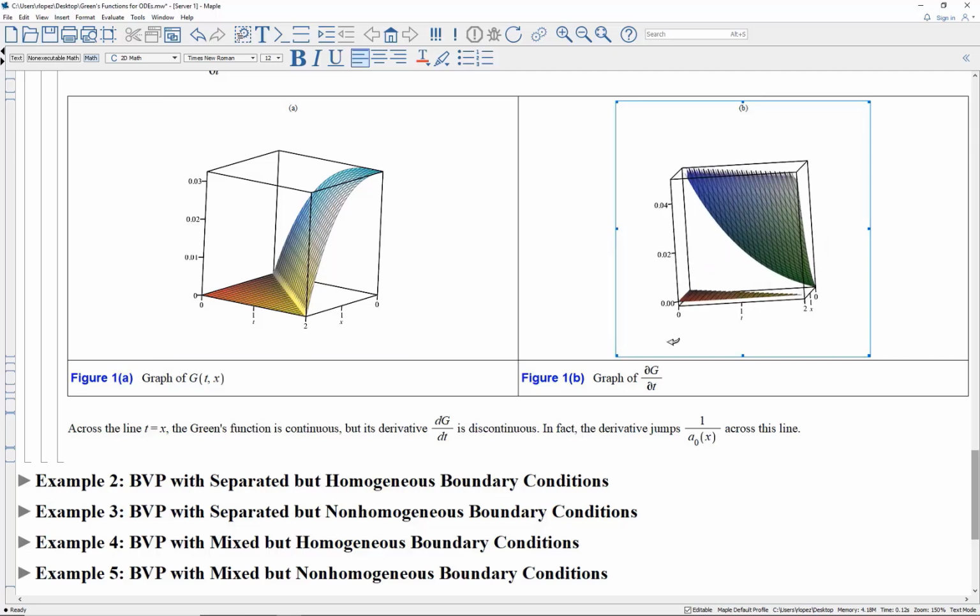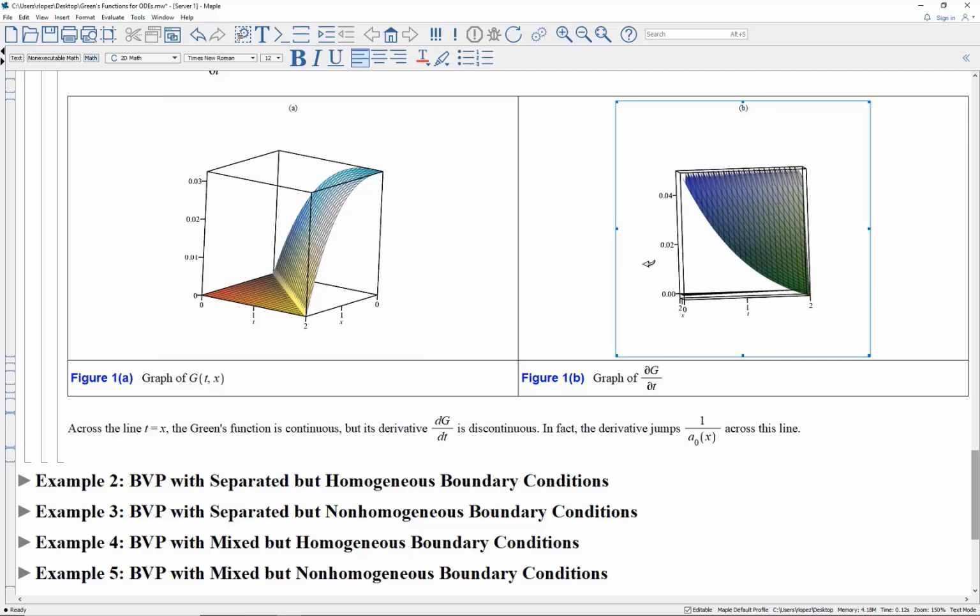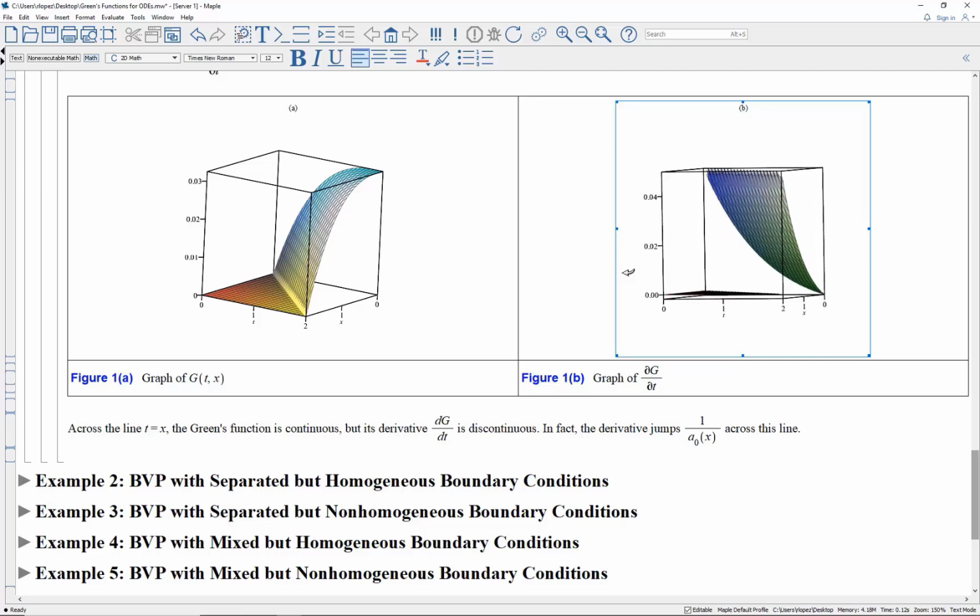You see it jumps. And you will notice that the jump is on the order of 0.05. 0.05 is 1/20th, and a0 is 20. So this is the amount of the jump, and this is a characteristic of the Green's function, and you can in fact define the Green's function this way, but it is not illuminating.